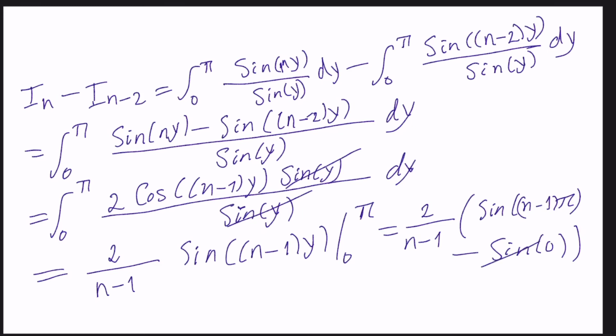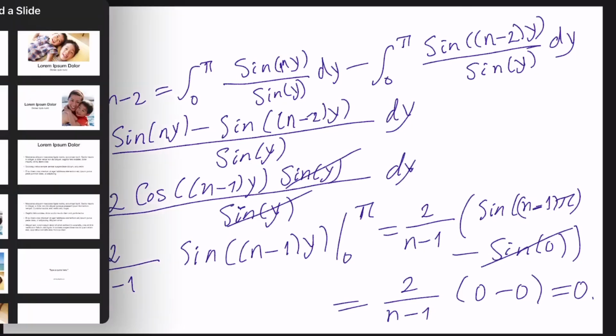We already know this is 0, and also we know that sine is equal to 0 at all the multiples of pi. It means that sine of (n minus 1) multiplied by pi is equal to 0. So we will have 0 minus 0, and this is equal to 0.